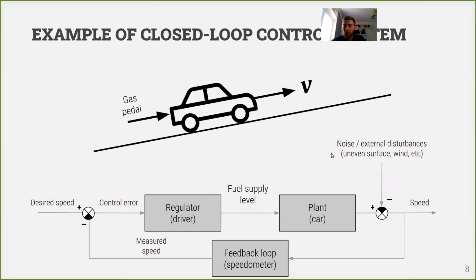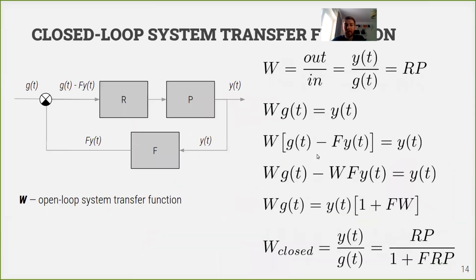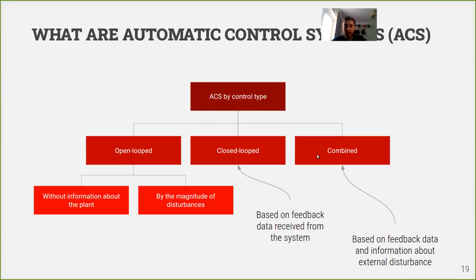So there are systems which cannot measure the output directly, but can measure these external disturbances applied to the system. And there are also combined systems which both measure feedback as a closed loop system and also measure external disturbances. So these are systems which have the maximum of available information.